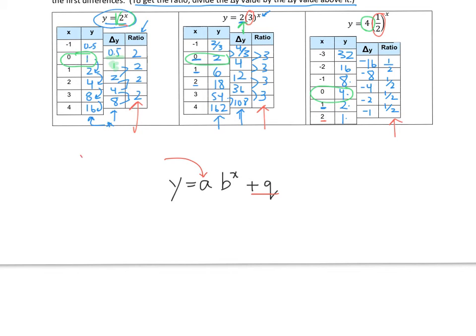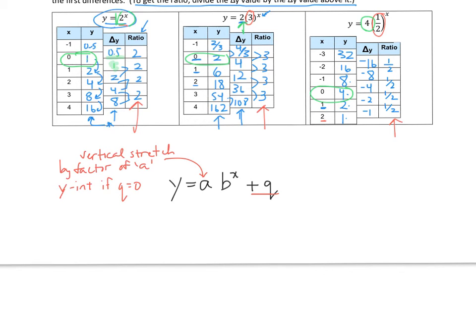So that's a vertical stretch by a factor of a. It also represents your y-intercept if q is a 0. Okay, so as long as you don't have a plus q on the end, it will be your y-intercept.